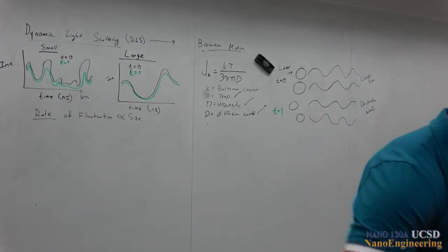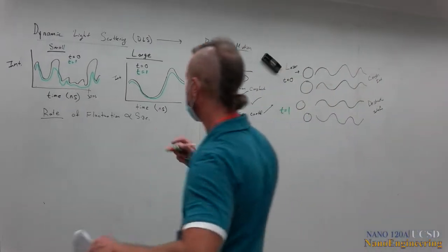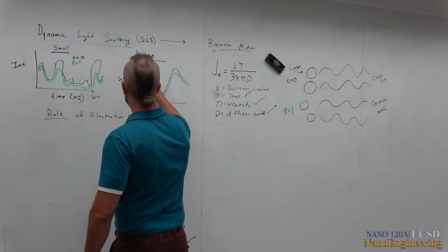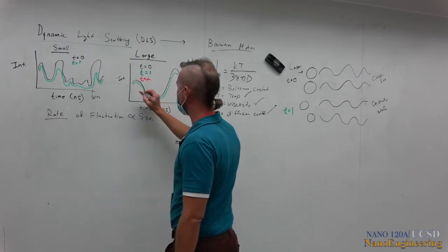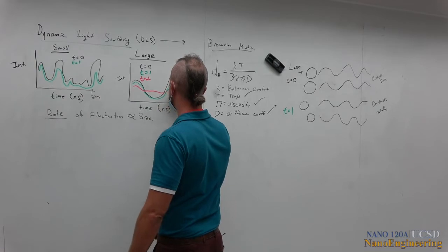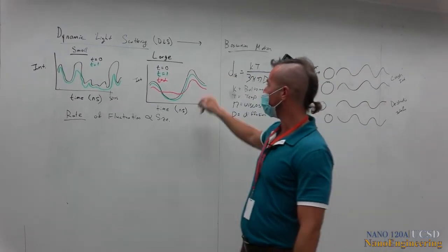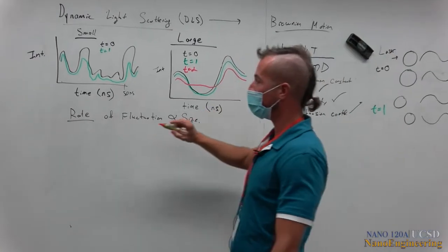So then, if we go to t equals 2, maybe now we're starting to see some difference in our larger one, but still relatively the same.